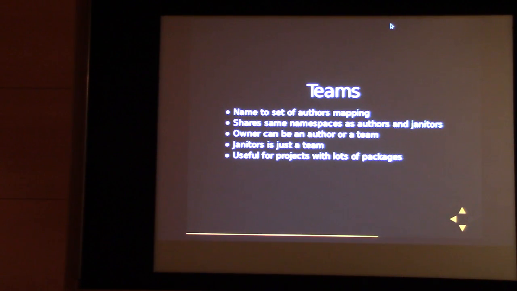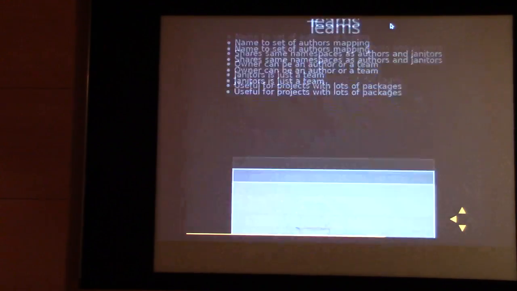And the owner of a package can either be a team or an author, or actually a set of teams and authors. Teams will also likely be useful for bigger projects which host a lot of packages, like Mirage OS or OCaml Pro or Jane Street or whatever.